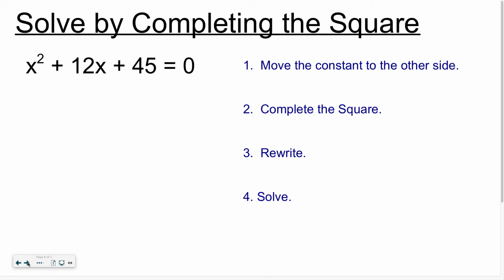Square root of negative 9. And you also want to check on your simplifying your radical.